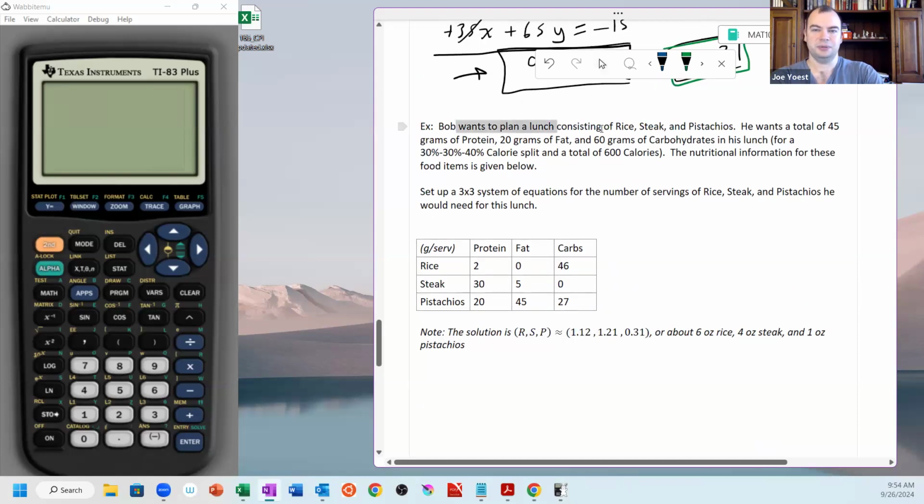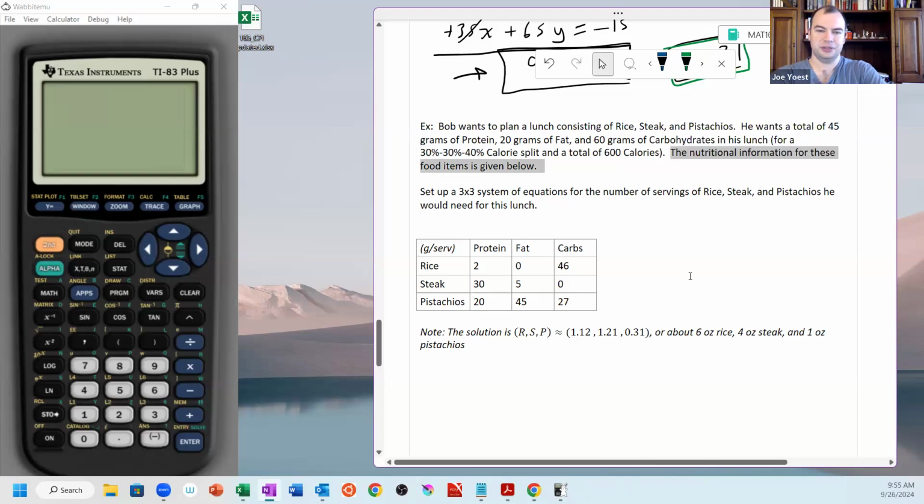So here, Bob wants to plan a lunch consisting of rice, steak, and pistachios. He wants a total of 45 grams of protein, 20 grams of fat, and 60 grams of carbs in his lunch. This gives a total of 600 calories at a 30-30-40 calorie split. Note that fat is more calorically dense than carbs and protein, 9 calories per gram as opposed to 4 for the others.